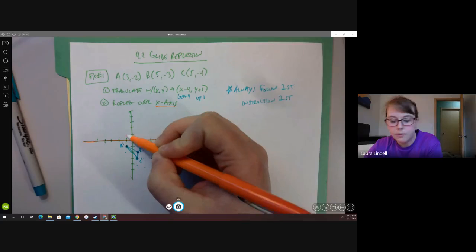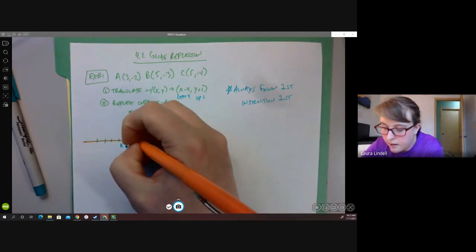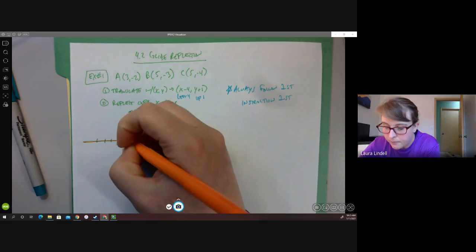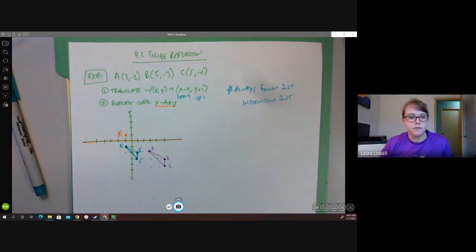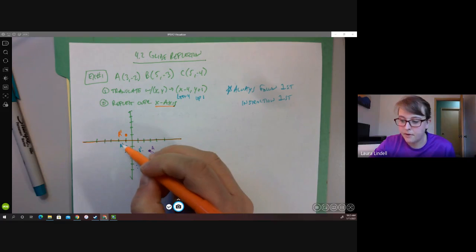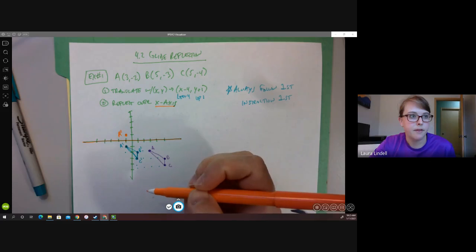So then I have to go up one more and make a new dot there. And I'm going to call that A double prime. So A with 2 apostrophes or A with quotes. So that's denoting that that's our next shape. So we went from original A to A prime to A double prime.